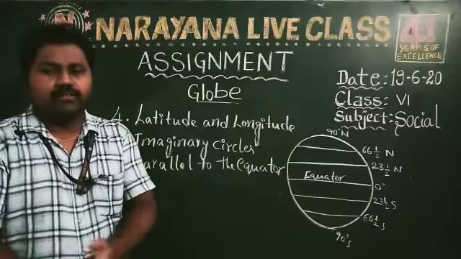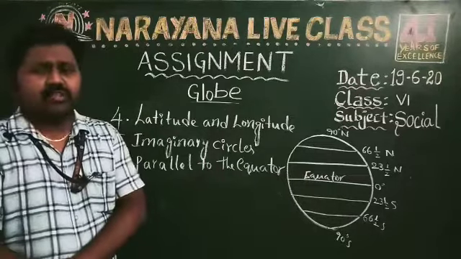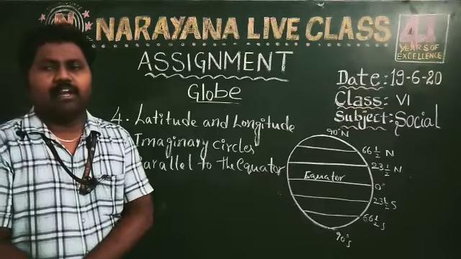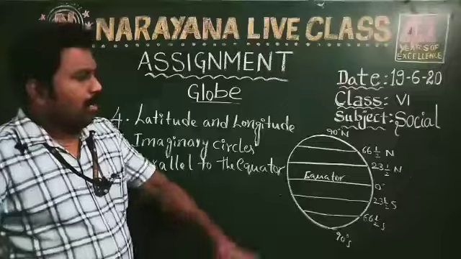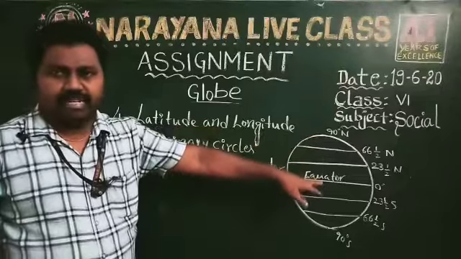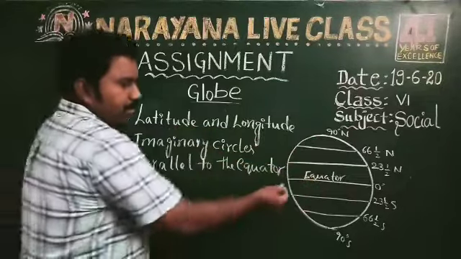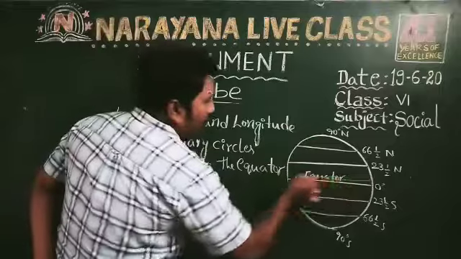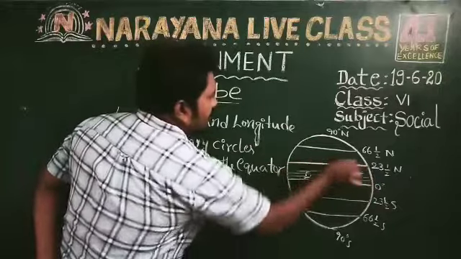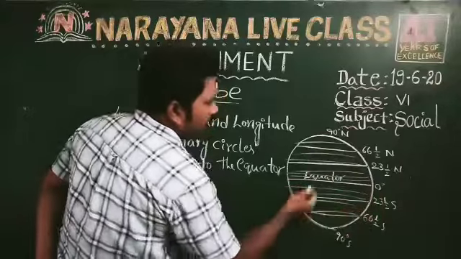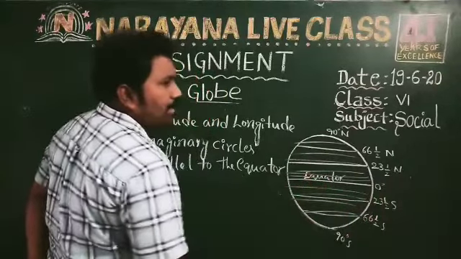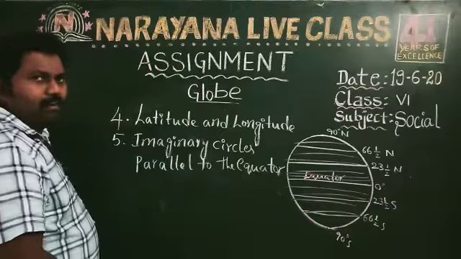Now let's move on to the sixth question. Define parallel of latitudes. Parallel of latitude means, see, all parallel lines from the equator. See this. All parallel lines from the equator are called parallels of latitudes.